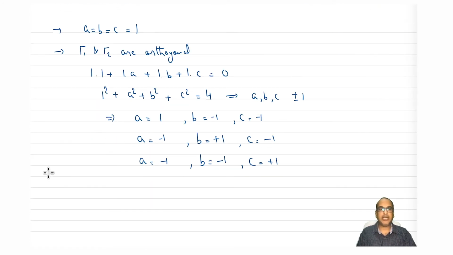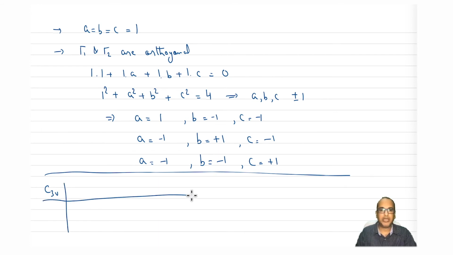So now let's take another example so that it goes into our heads nicely. Consider C3V. We have seen this example also. C3V has E, C3 and sigma V. Now that we are dealing with traces, we will only use one of the class elements and not bother about the rest of the class elements because the traces are the same.